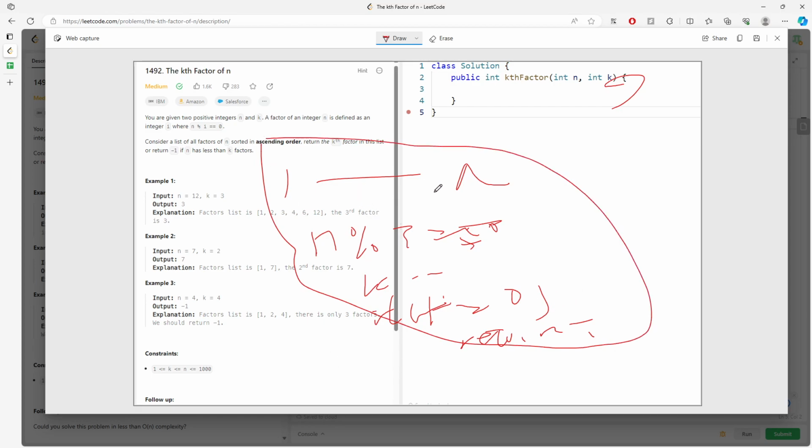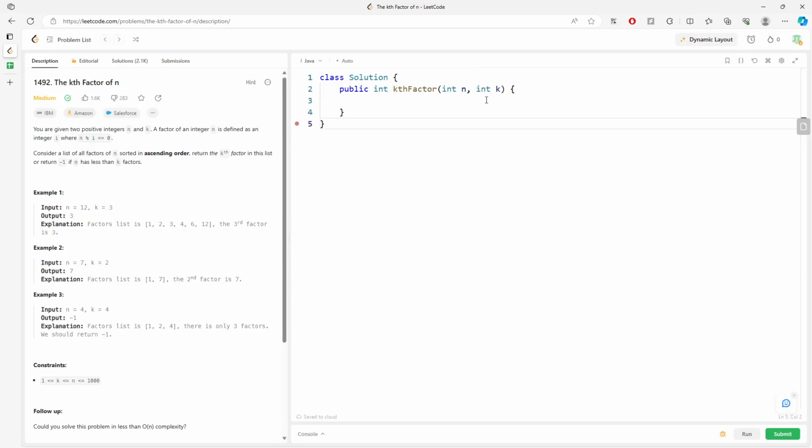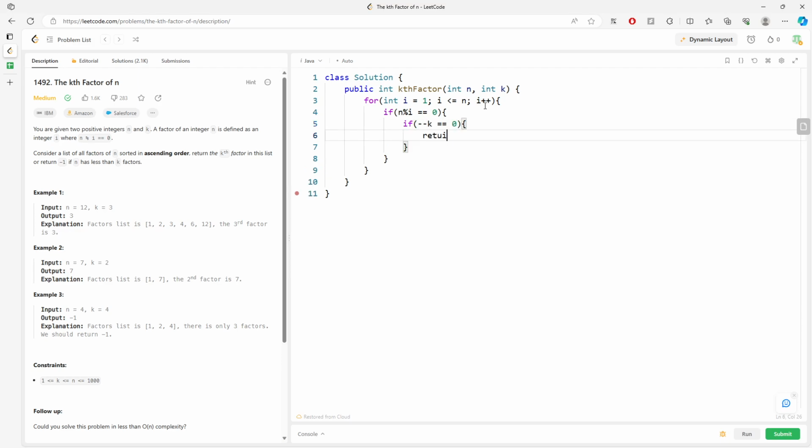This solution is pretty straightforward, so let's start coding, and then we will make another, more optimal solution later on. For i equal to 1, i less than or equal to n, i plus plus. If n mod i equal to 0, then you decrement your k; if the decremented k equals 0, you return i.